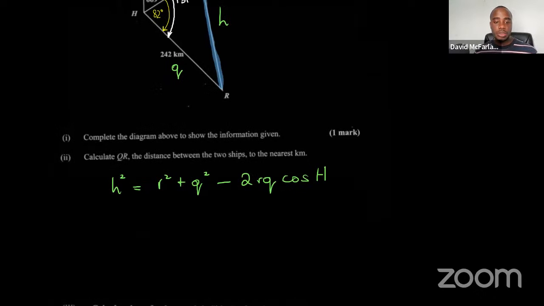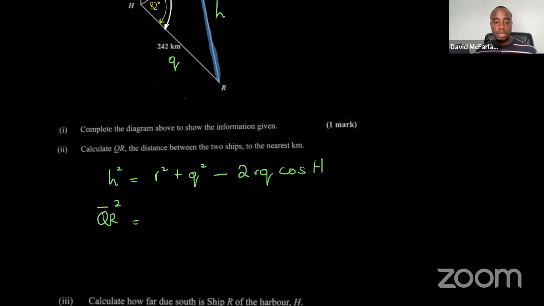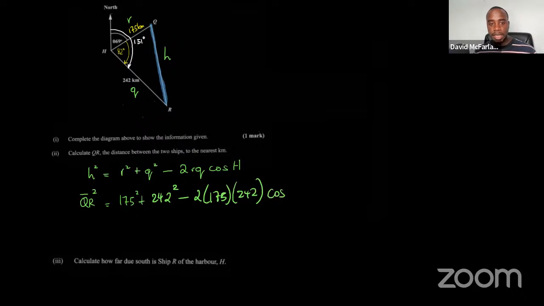We know H is QR, so QR squared is equal to 175 squared plus 242 squared minus 2 times those numbers times the cosine of 82, the angle that's between them.